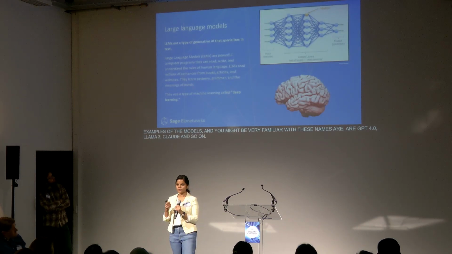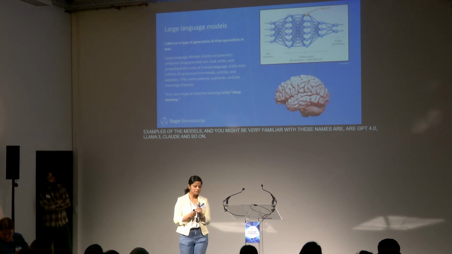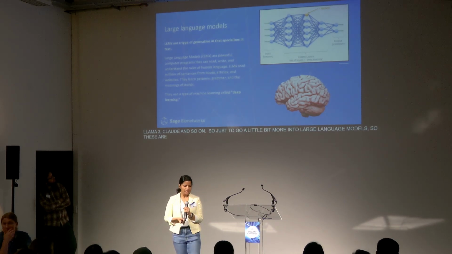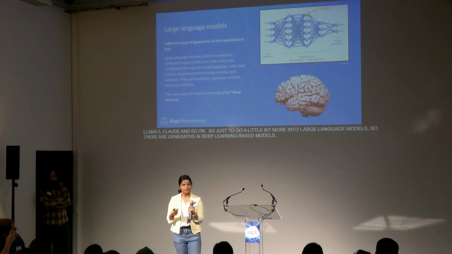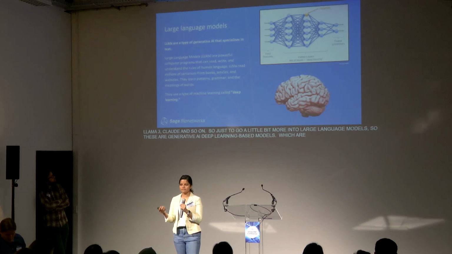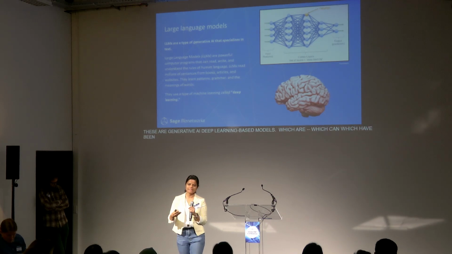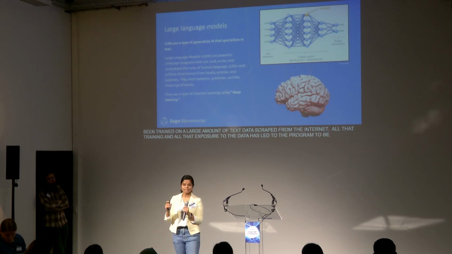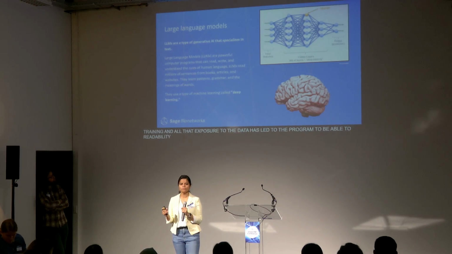So just to go a little bit more into large language models, these are generative AI deep learning based models, which have been trained on a large amount of text data scraped from the internet. All that training and all that exposure to that data has led to the program being able to read, write, and understand the rules of grammar of human language.